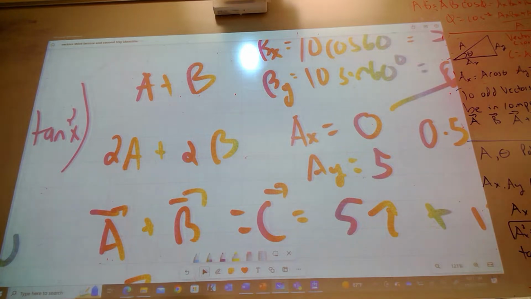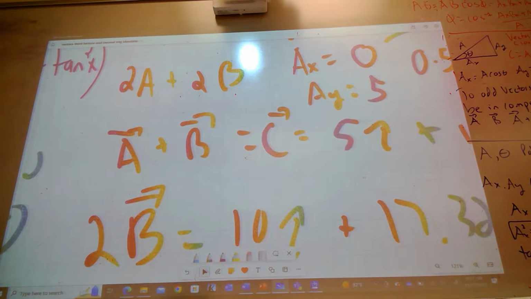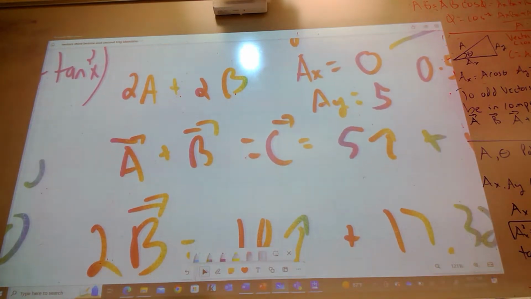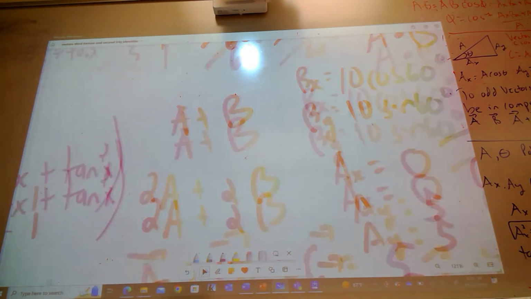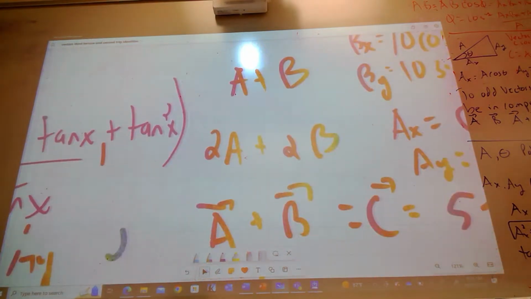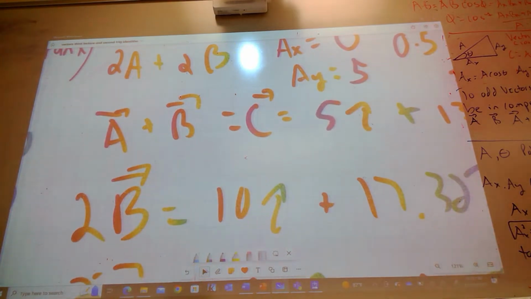And then you're doing a dotted with b, that whole ax bx plus ay by. So our b was 5 and 8.66, so 2b is just 10 and 17.32.